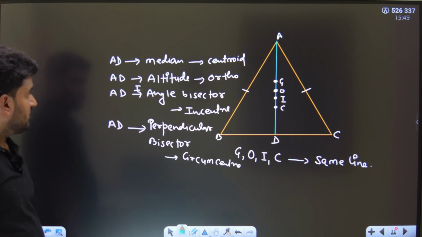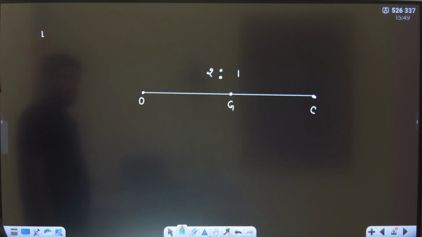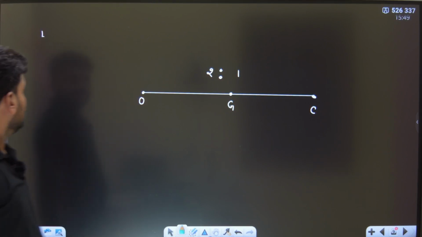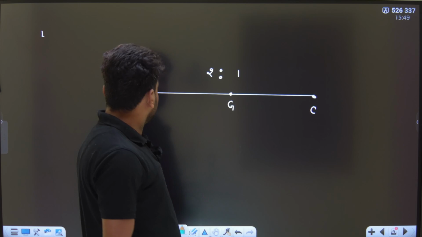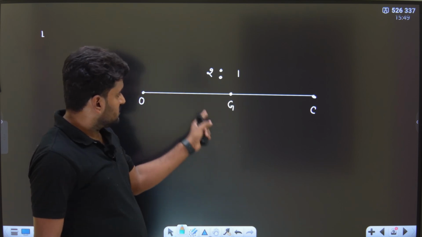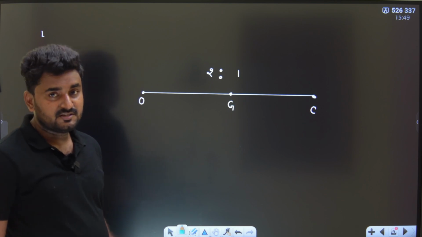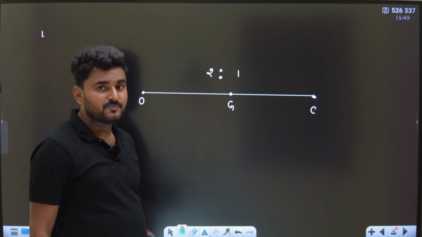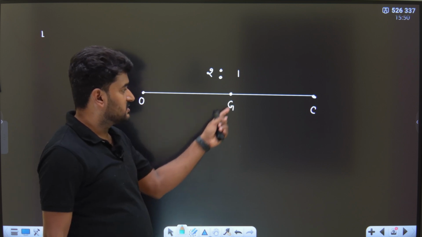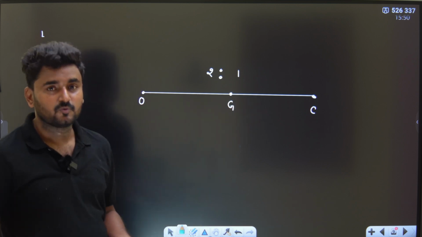What we have seen: the first property I showed is that the centroid will divide the orthocenter and the circumcenter in the ratio 2:1, and the orthocenter, centroid and circumcenter will be collinear.